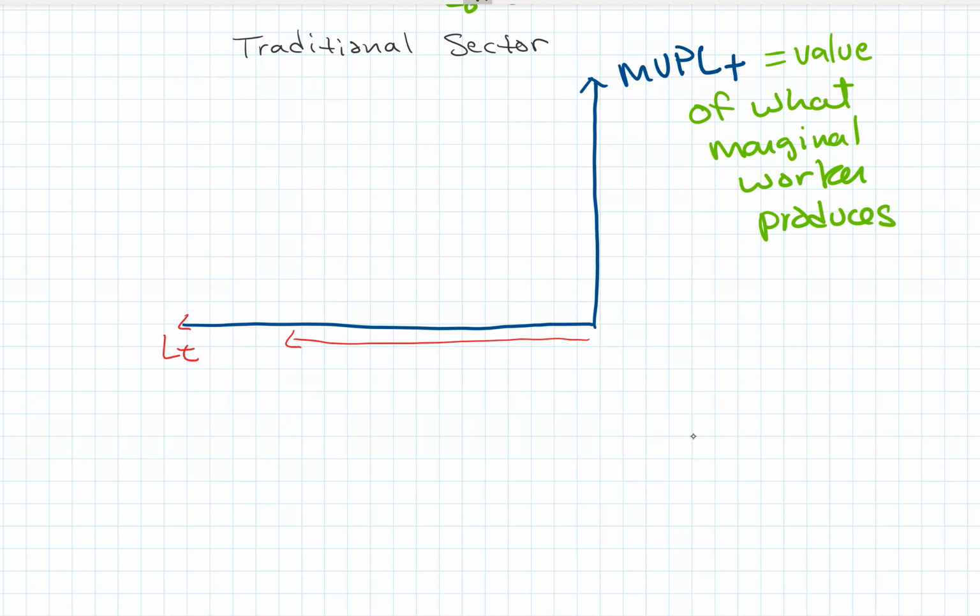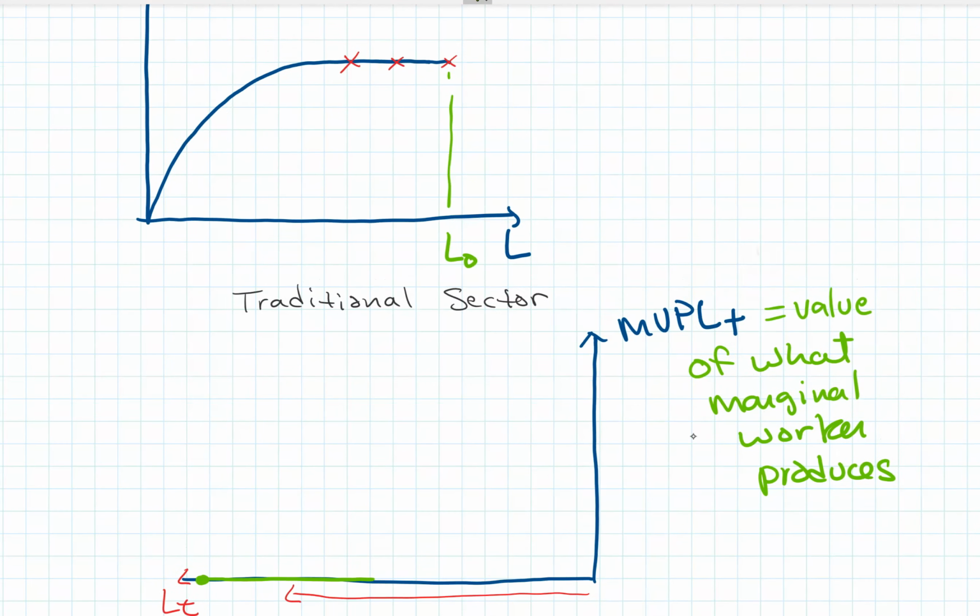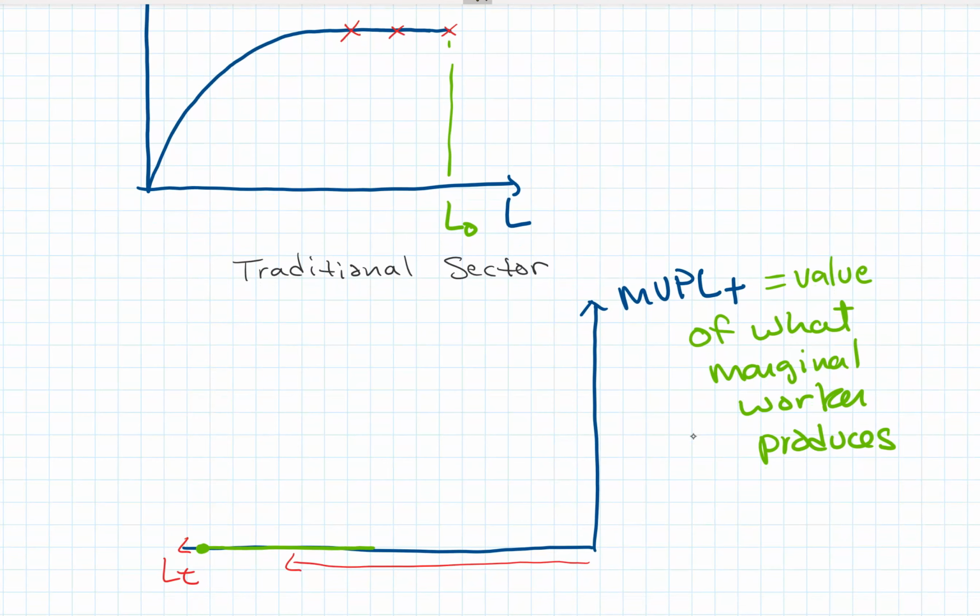Let's say these workers are not producing anything, and this is equivalent to the flat spot that we saw in our production function above. And then after we get to a certain point right here, if we take away more workers, we're going to lose production.